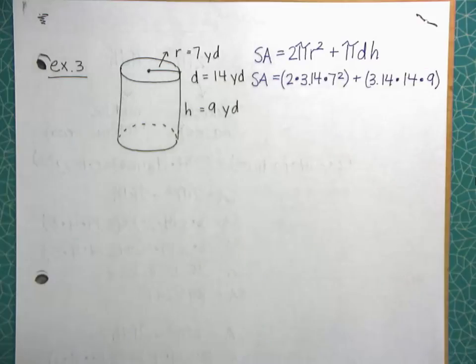Good. Very good. Now that is probably the hardest part, just getting it set up. If you can do that, you've done kind of the biggest part of the work, because now all you have to do is solve it.